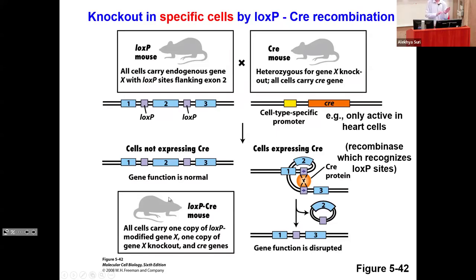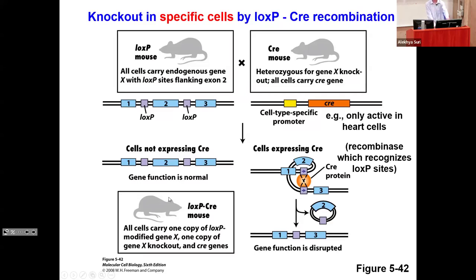Now you cross this mouse with a mouse expressing the Cre recombinase in the genome. This Cre recombinase recognizes these LoxP sites and splices out the intervening sequence.